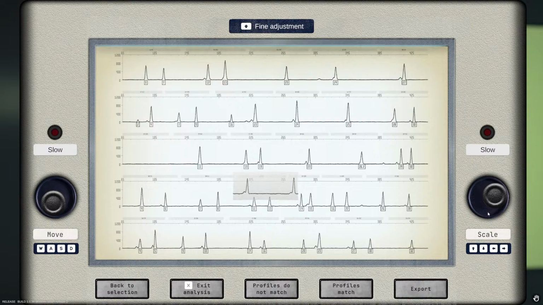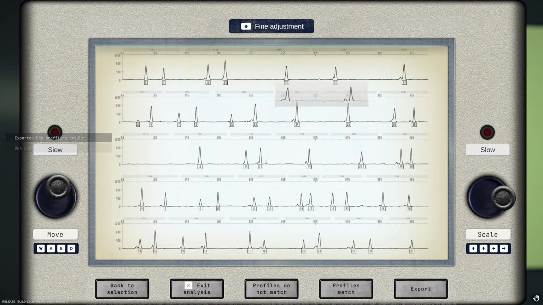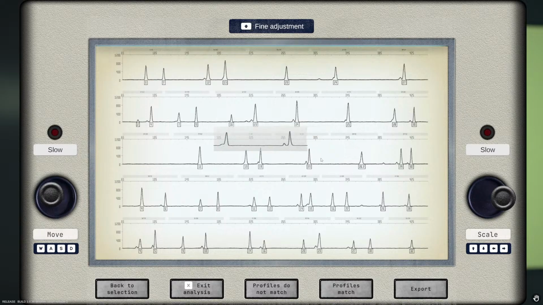Yeah, so this DNA stuff, out of all the tests in the game, is probably the most difficult for me to recognize. But I think I'm okay at it. It's definitely not my strong suit.